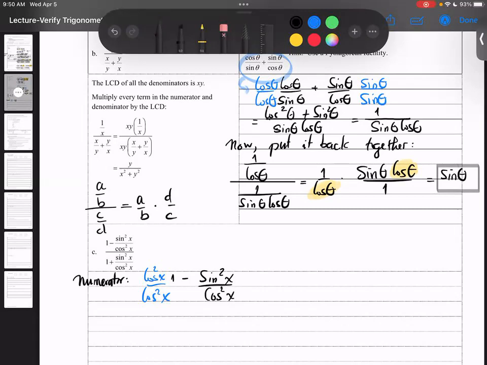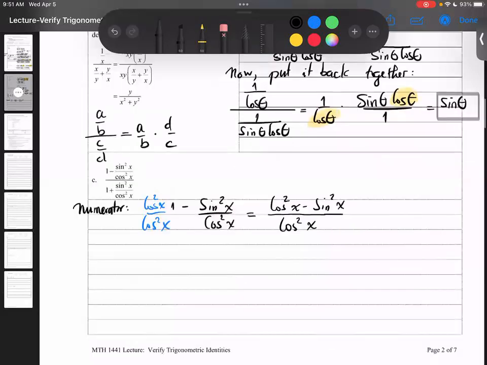Now I have a common denominator. I can subtract the top: cosine squared x minus sine squared x. All right, one fraction, I'm happy.